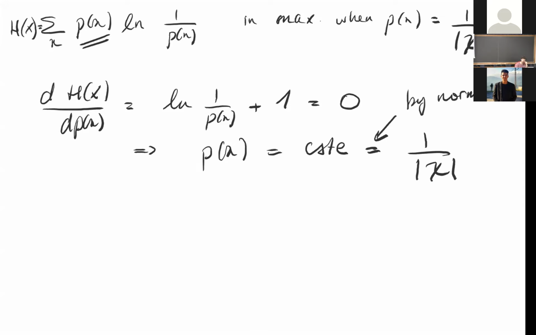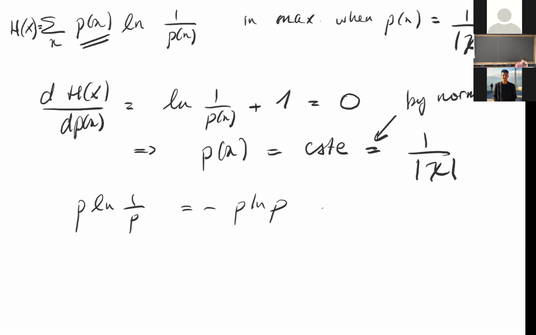How do you check if it's concave or convex? A priori, you should check if it's a maximum or a minimum. This function, this p log 1 over p, which is also minus p log p, is it convex or concave? Is it clear for you what concave and convex mean?